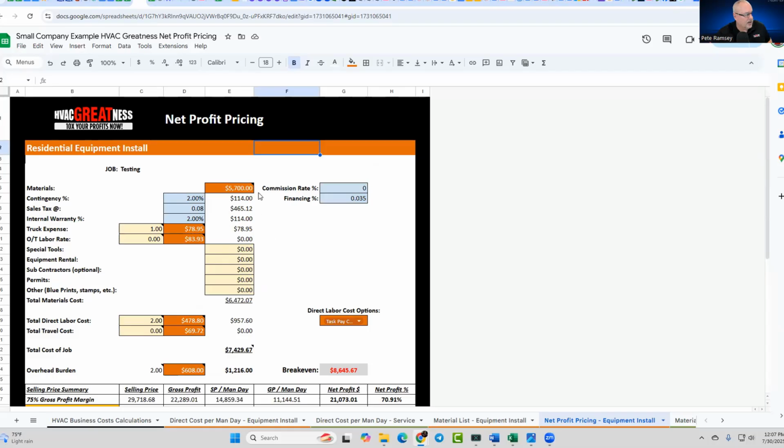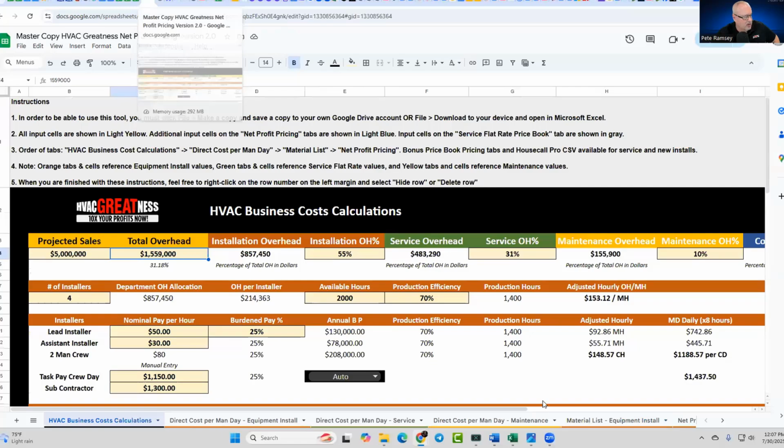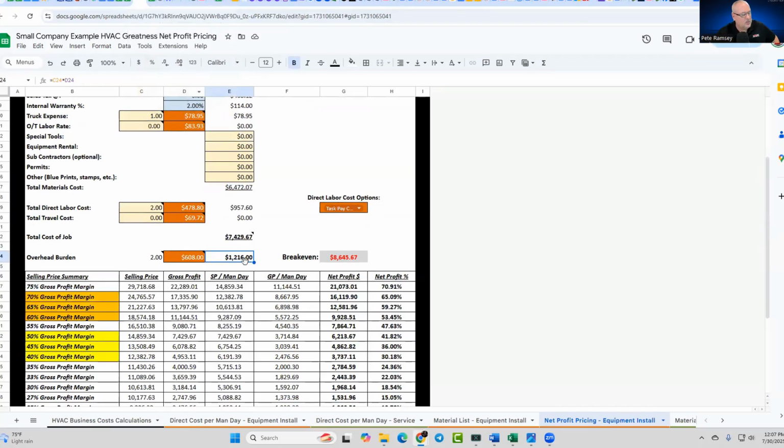Now I've got a different equipment amount, but it doesn't matter. It's the same principle. We're using something called task pay, but the overhead is what we're looking at. The overhead on this per day isn't 2,300, or what was it? $2,449. The overhead for this little company is $1,219.